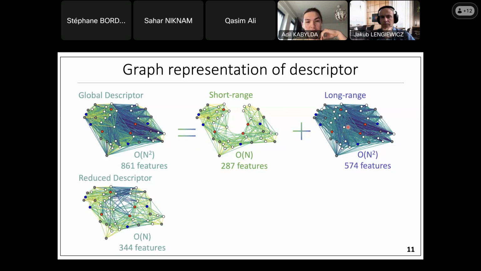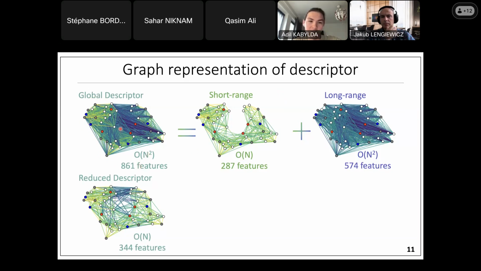I have to describe it in a better way without going to quadratic scaling. So what we suggested in this work is the use of the reduced descriptor. So basically, we just say that the global descriptor for a large molecule is overdefined. So you don't need to go to the quadratic scaling, because in principle, you only need 3n minus 6 degrees of freedom to uniquely define a molecule.